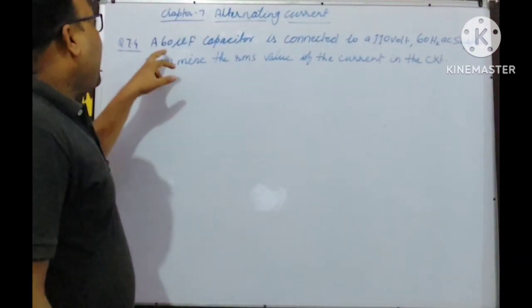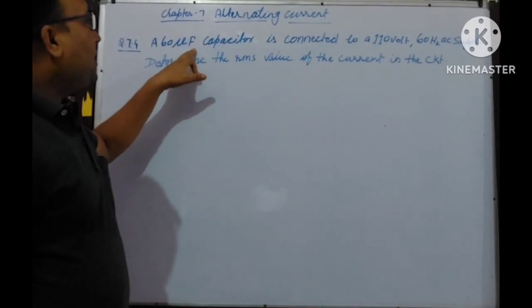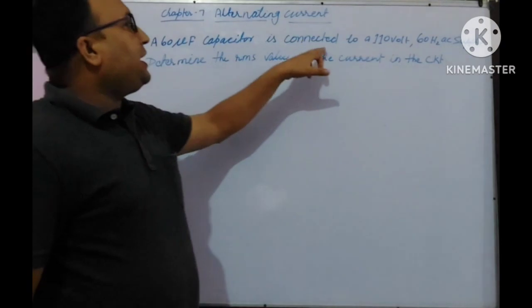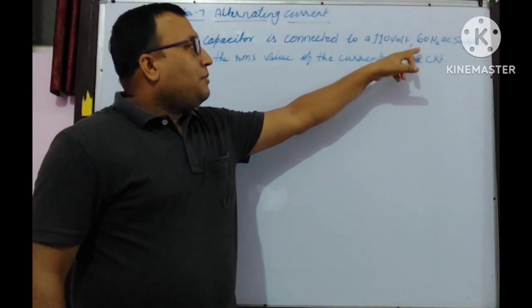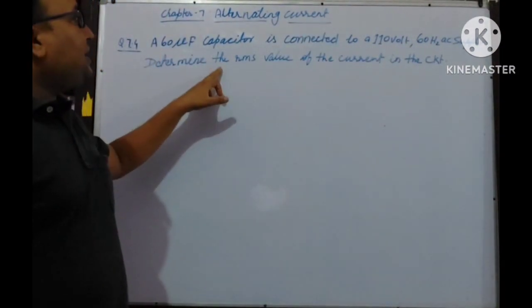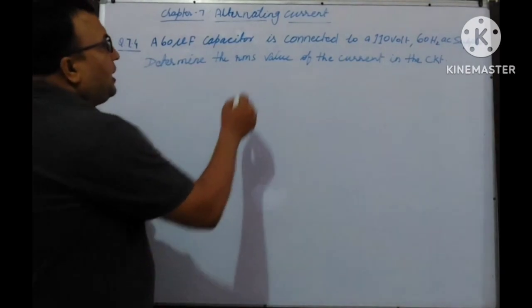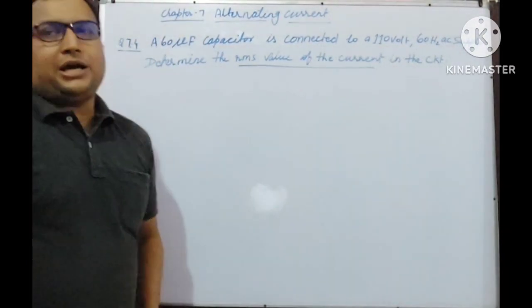It asks: a 60 microfarad capacitor is connected to a 110 volt, 60 Hz AC supply; determine the RMS value of the current. Again, it asks to determine the RMS value of the current.